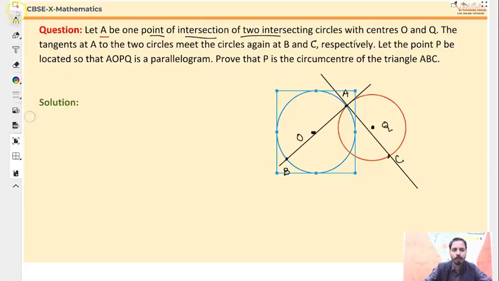Say this circle is a blue one, so that we don't have confusion. So now I will say the blue circle and the red circle.